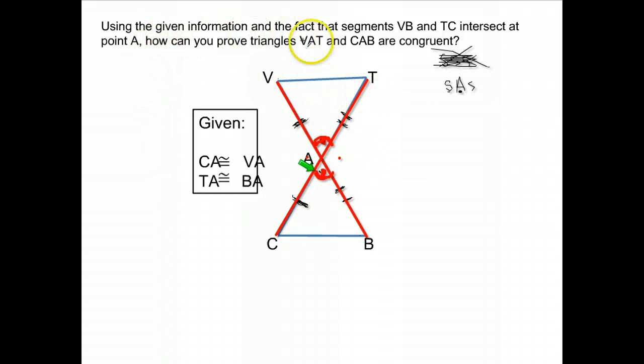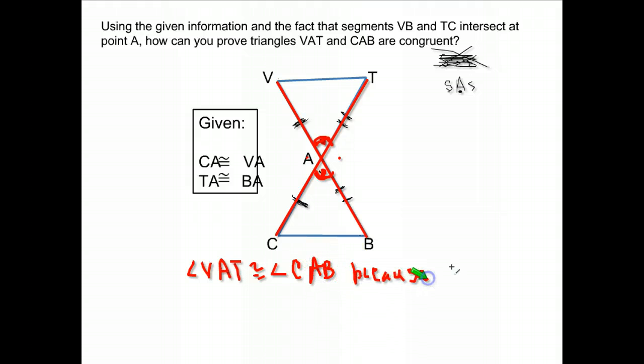So the question was, how can we prove VAT and CAB are congruent? Well, we know that angle VAT is congruent to angle CAB because they are vertical angles.